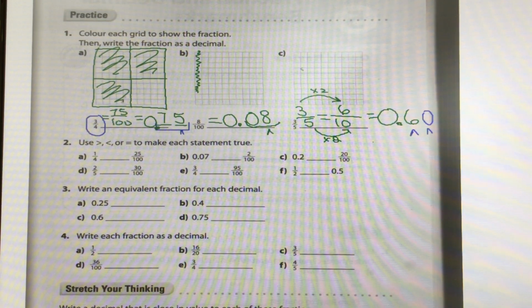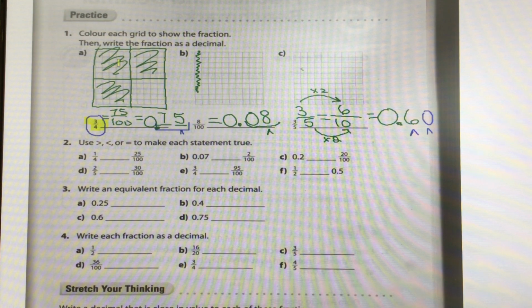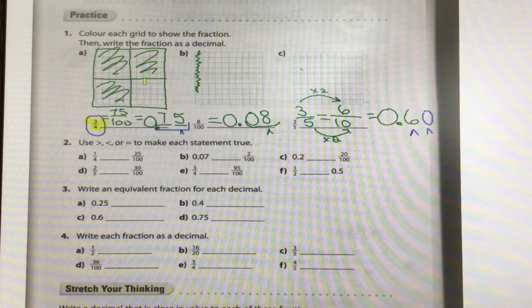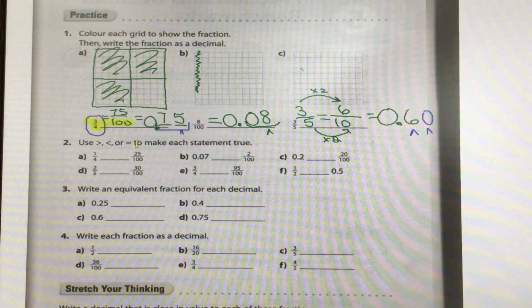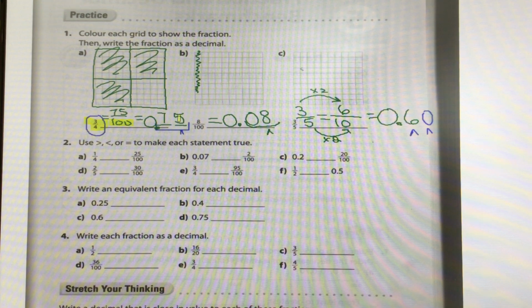We shaded 3 of them because we have 3 parts shaded out of 4. Now we know there's 100 in these grids, so there's 25 in each section. So 100 little squares make up the whole, and 75 of them are shaded. If we take a look at our hundredths column, we would have 75 hundredths as our decimal.